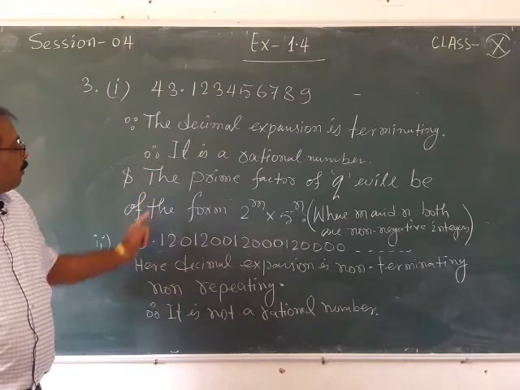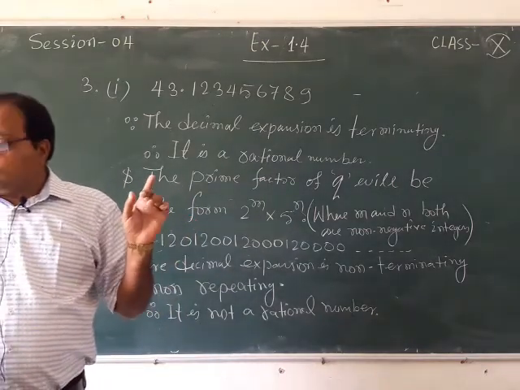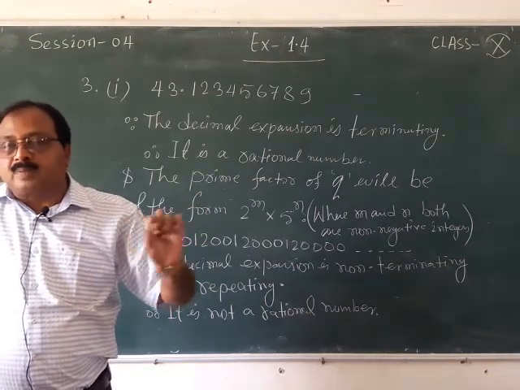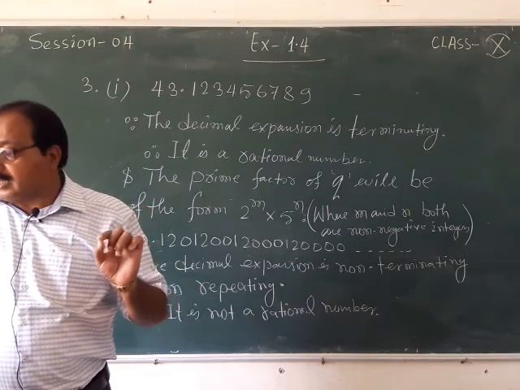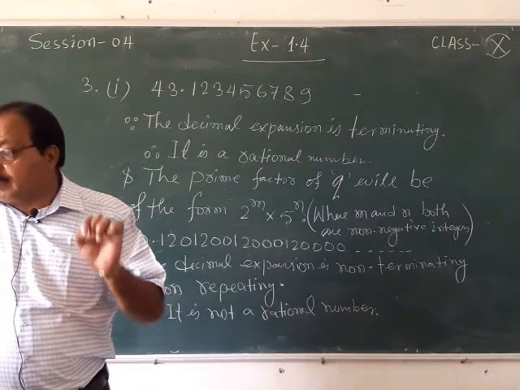For question 3.3, you can see 43.123456789 and there is a recurring sign, a bar over it. That means it is clear that the decimal expansion is non-terminating and repeating.